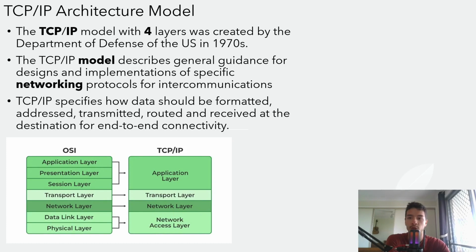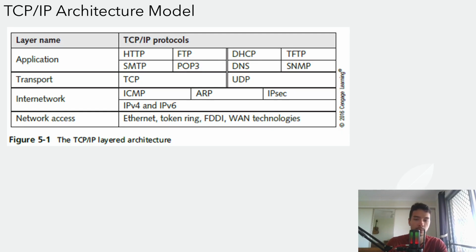The model describes general guidance for designs and implementations of specific networking protocols for intercommunications. TCP/IP specifies how data should be formatted, addressed, transmitted, routed, and received at the destination for end-to-end connectivity. So you can see OSI is the more hefty version, and TCP/IP is the more refined version of that model.